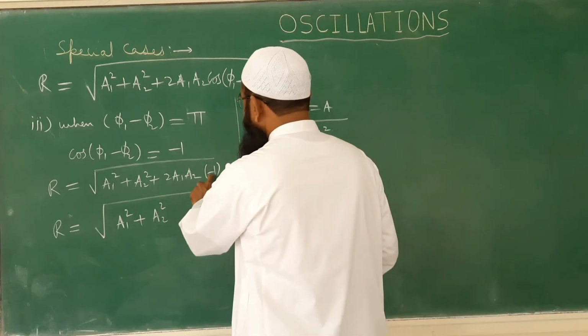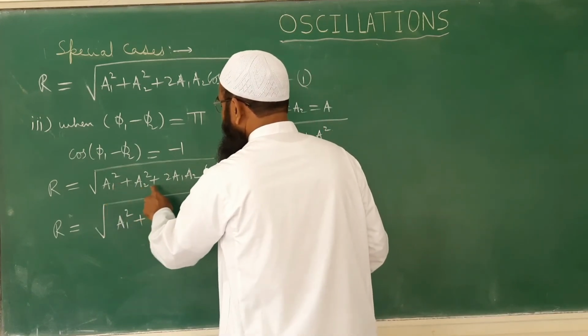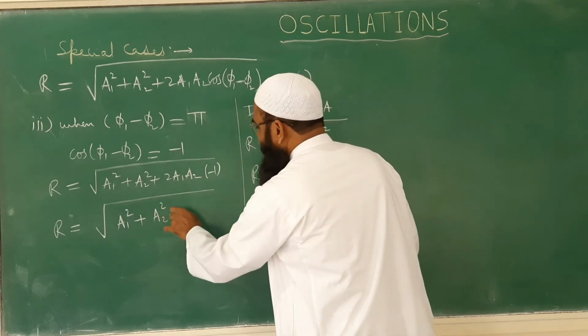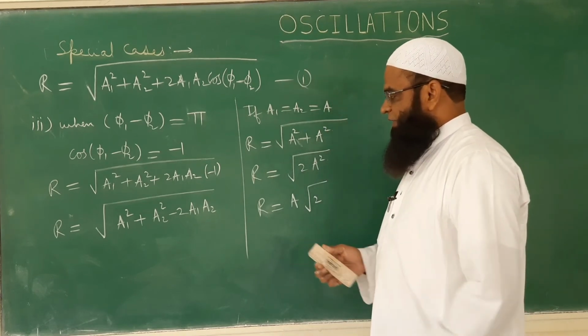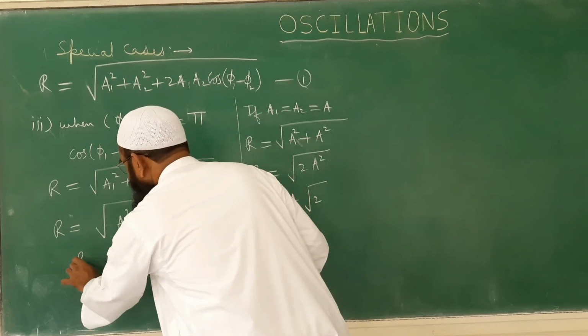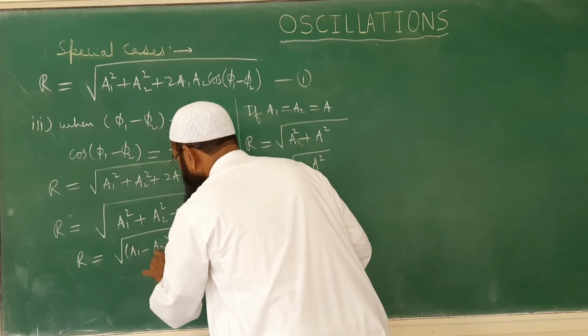So when we multiply this minus 1 with the positive term, we get a1 square plus a2 square minus 2 a1 a2. This is nothing but the expansion of a1 minus a2 whole square.